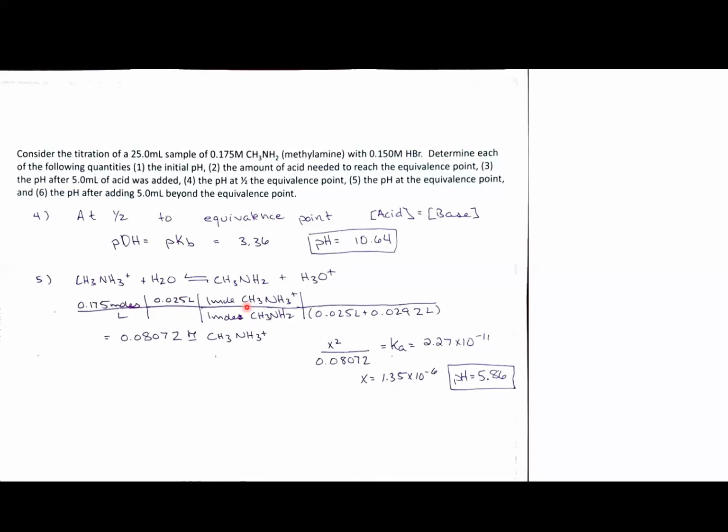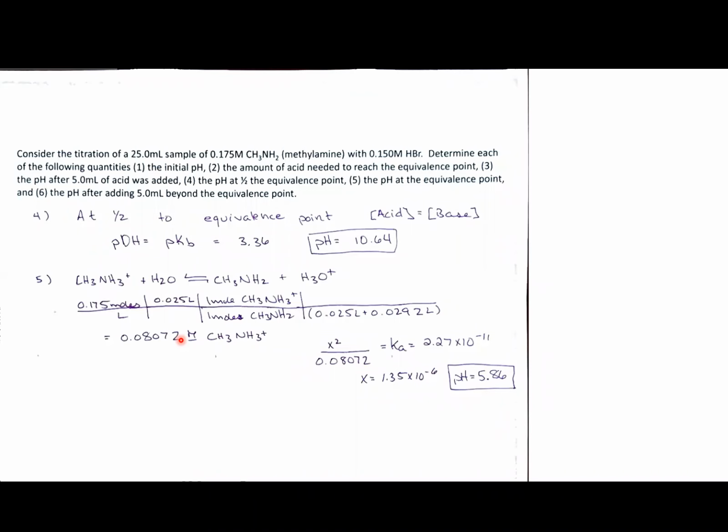And then my new volume that I'm dividing by here is the sum of the two volumes that I added: 25 mL of the original stuff that I had, plus 29 mL of acid that I added. So my volume is now the sum of those two, which is like 54.2 milliliters. That gives me this number, 0.08072.